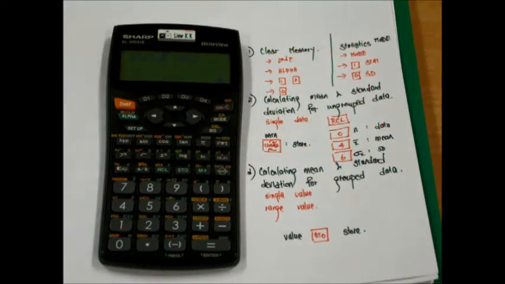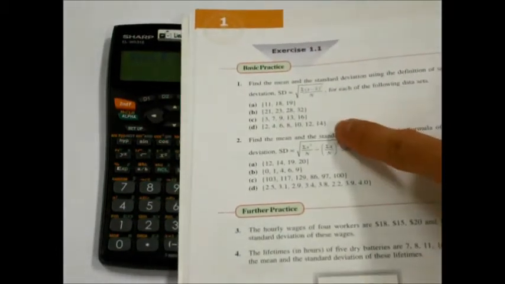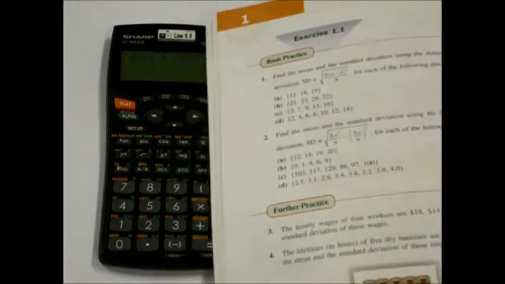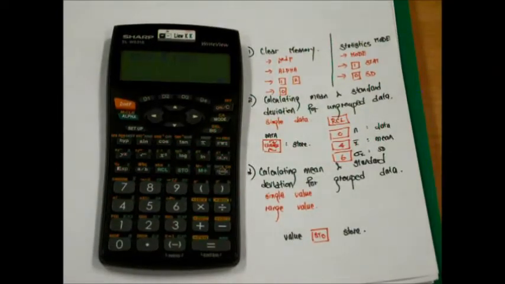Now, referring to page 6, let's take a look at the very first question. Question 1D. You are told to find the mean and standard deviation. Even though they ask you to use the definition, no. Today the lesson is solely on just the use of the calculator.